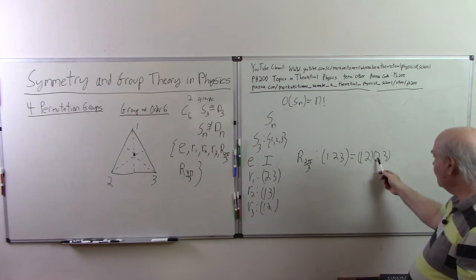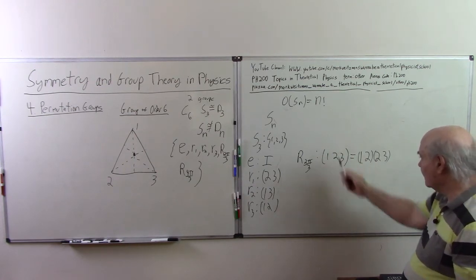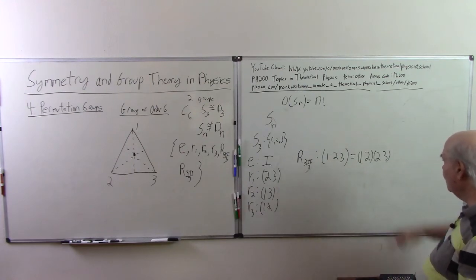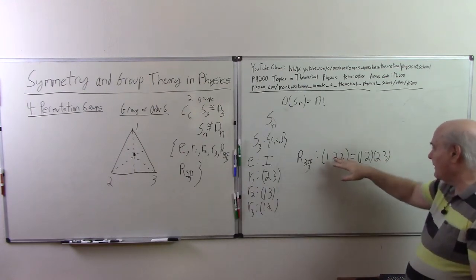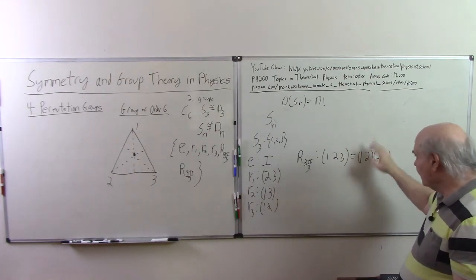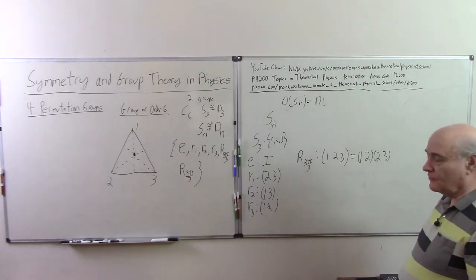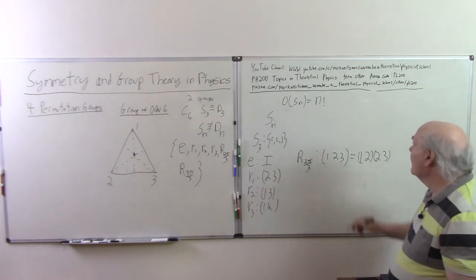And 3 goes to 2, and then when it hits this, 2 goes to 1, so 3 ends up going to 1. So using these ideas of breaking 3 cycles into 2 cycles, and then 4 cycles into 3 cycles, and so on, you can show by induction that every permutation can be written as a product of transpositions.